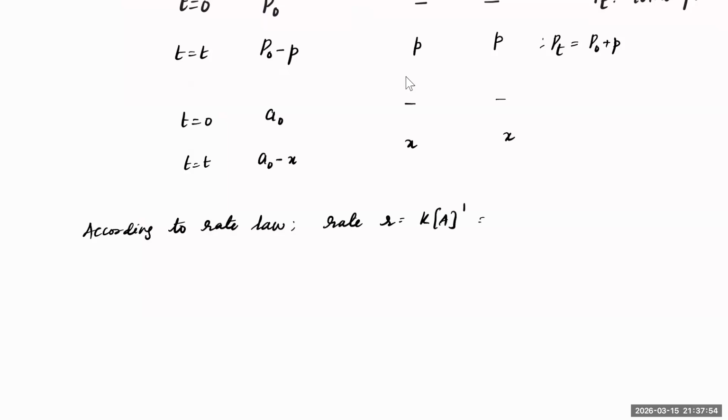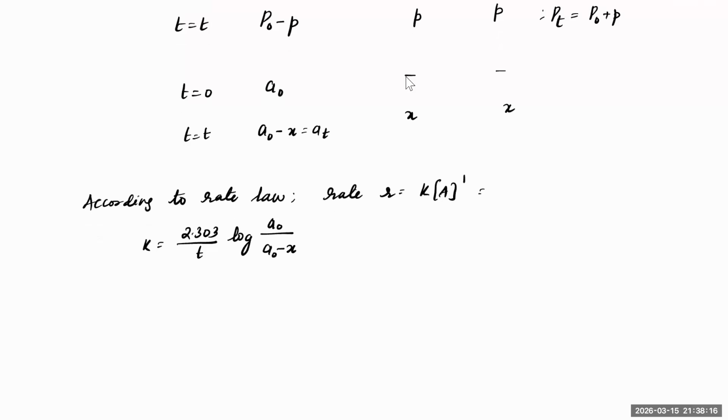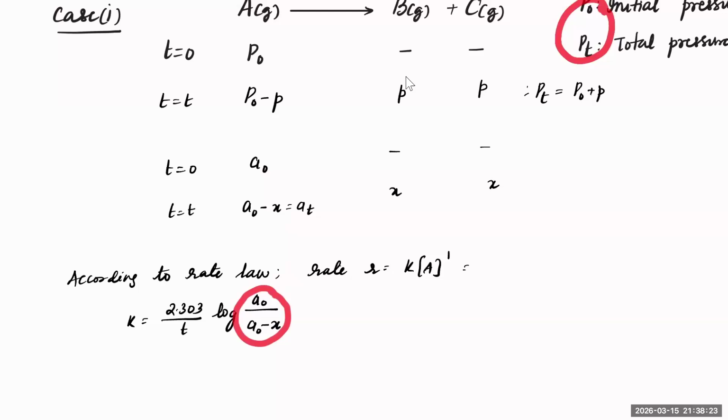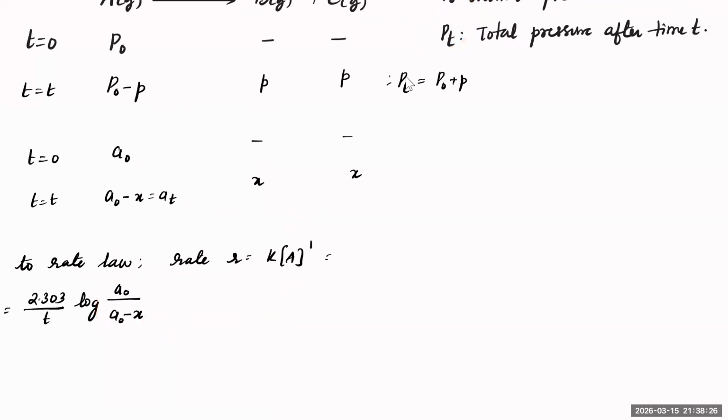In this case, we could calculate that K is equal to 2.303 by T log of A naught by A naught minus X. This is what we just learned, because A naught minus X is the amount after time T, correct? Now, I need to somehow replace these terms with pressure, which is P naught and PT. How do I do that? Because pressure is directly proportional to concentration, or it is directly proportional to moles.